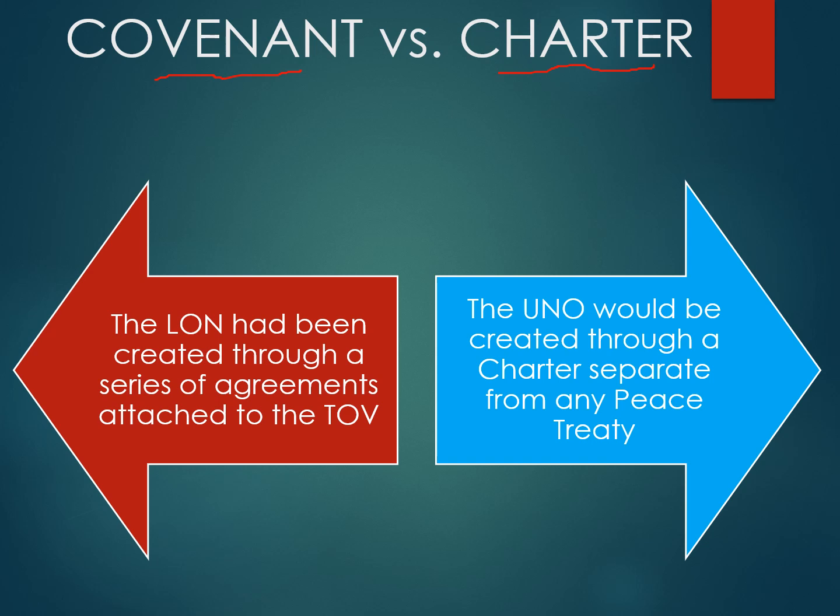A charter is a set of rules about how an organization is run. So it was much more clear that they are setting up an organization of which all countries are members, and they have obligations to fulfill, rather than just a set of agreements about how they will behave.